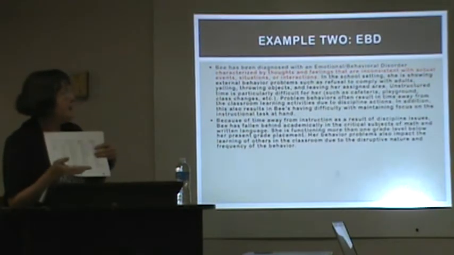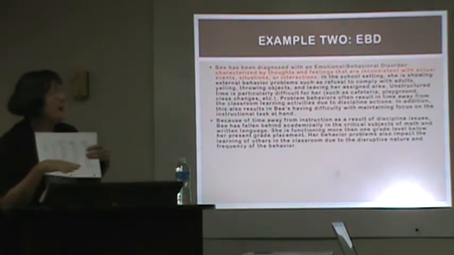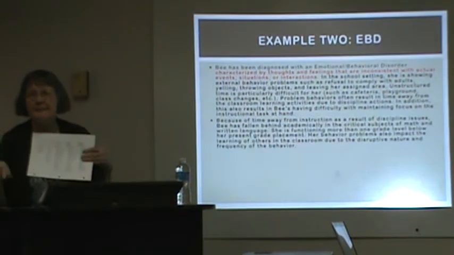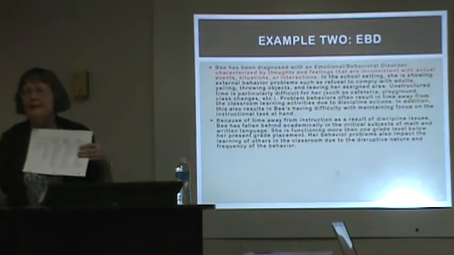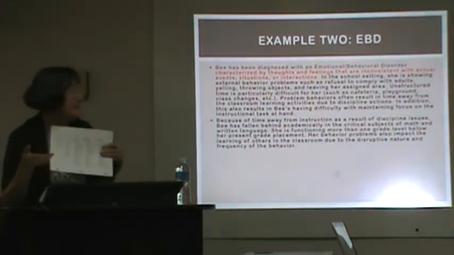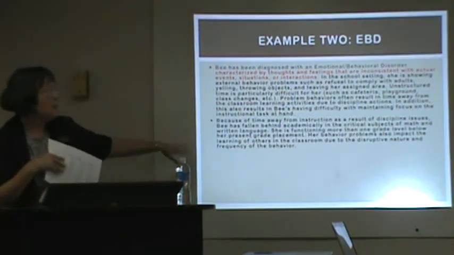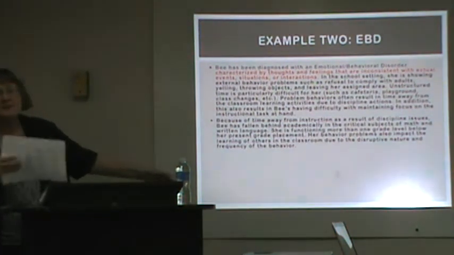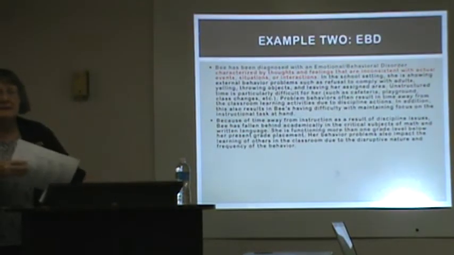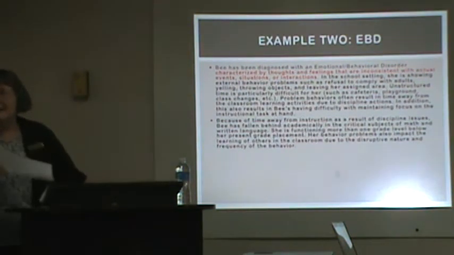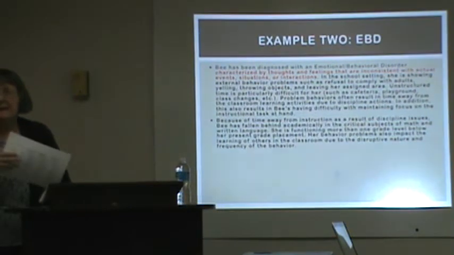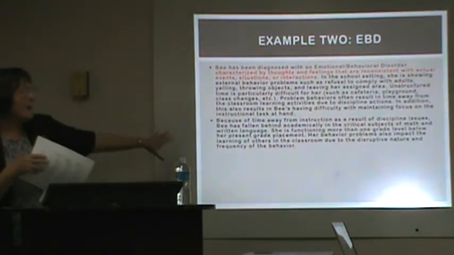In the school setting, she's showing external behavior problems, blah, blah, blah. Okay? I'm not gonna read the whole thing for you. And then because of time away from instruction as a result of discipline issues, she's gotten behind academically. So that would be my impact statement.